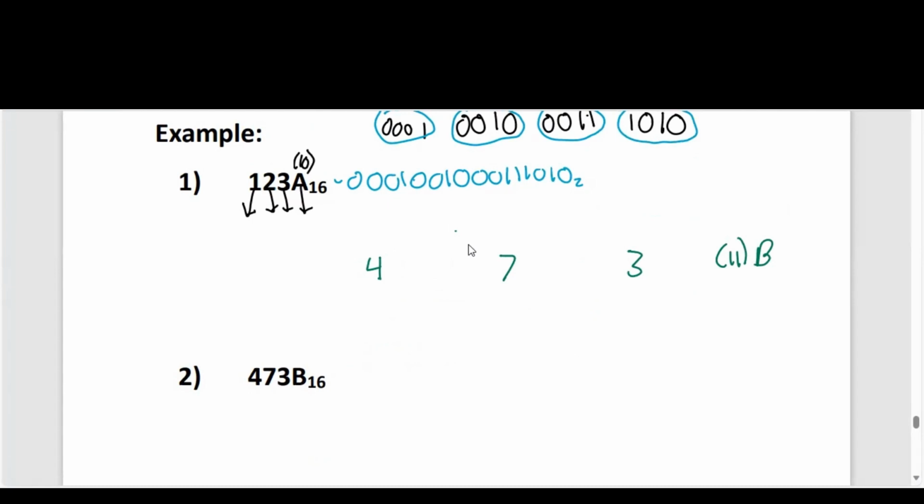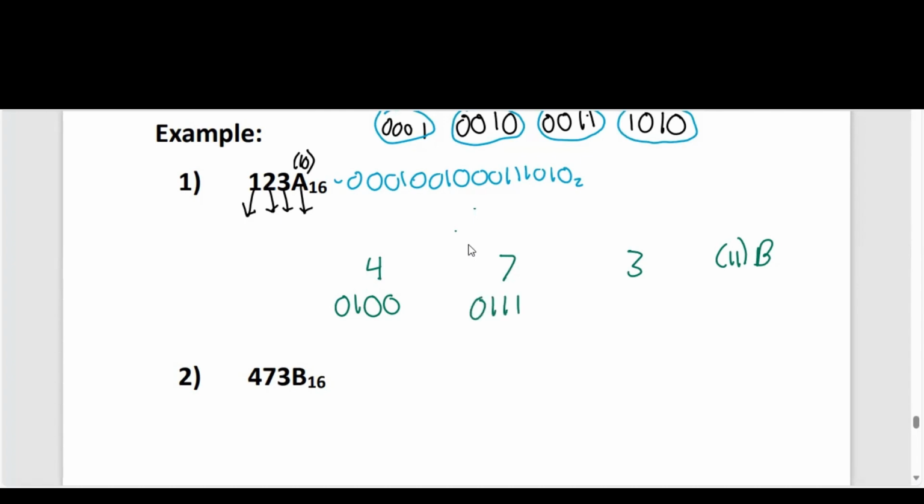So it'll be 0, 1, 0, 0. Remember, there's 1, there's 2, 4. So 4, I can already get 4 flat. Yeah. 7, what do I need? I need 4, 2, and 1. So that'd be 0, 1, 1, 1.